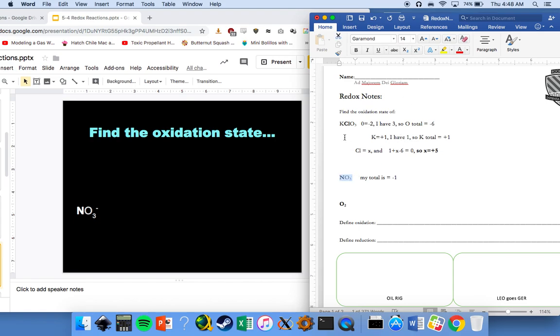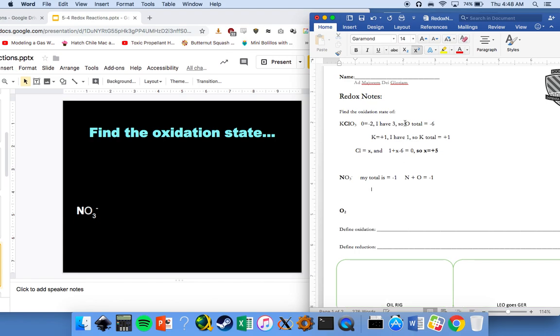So up here it was 0 because there's no charge given. But down here, it's a -1 because nitrate's a -1 ion, and I've told you that. If my total is -1, I've got to come up with a way that N plus the oxygens equals -1.